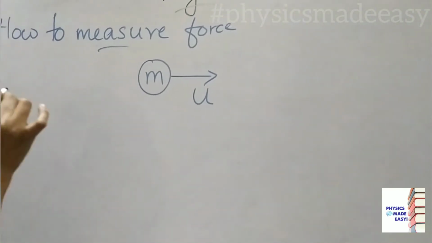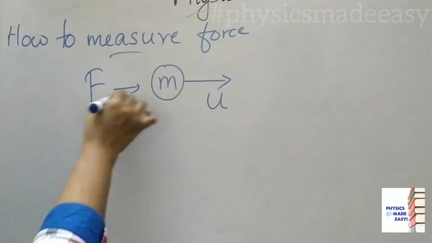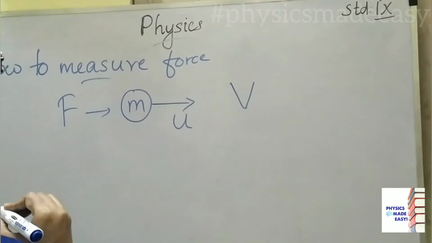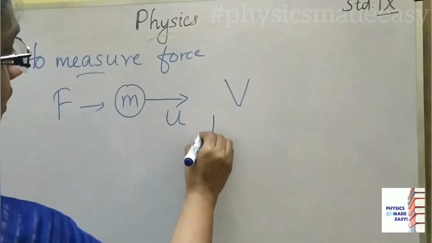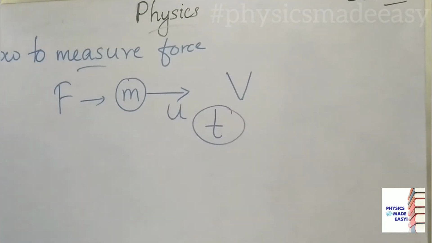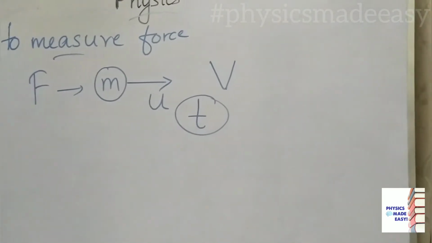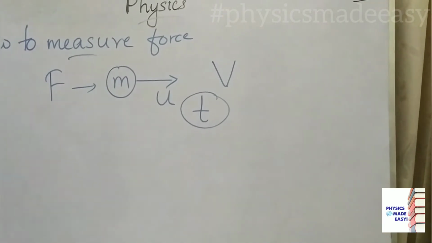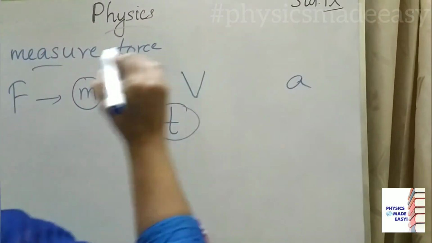Okay, then you have to apply a force on this object. Then what will happen? Its velocity will be changed. Here we have to take t as the time taken, and here the object is uniformly accelerated. So we can consider that acceleration as a.